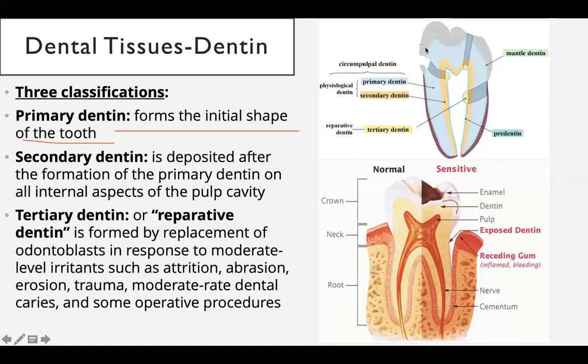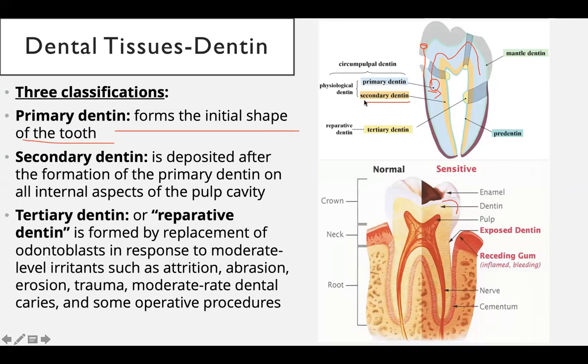Outer is enamel. This part is enamel, and next to enamel, towards the outer side, is primary dentin, which gives the tooth a shape, and towards the inner side, there will be secondary dentin, the orange one, right? I hope everyone can see. The light blue is primary dentin. Towards the outside, it gives shape, and then next to that is secondary dentin, the orange one.